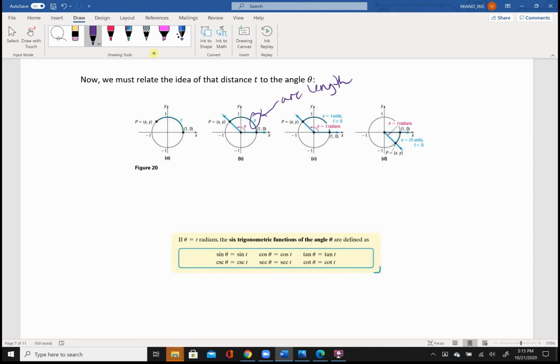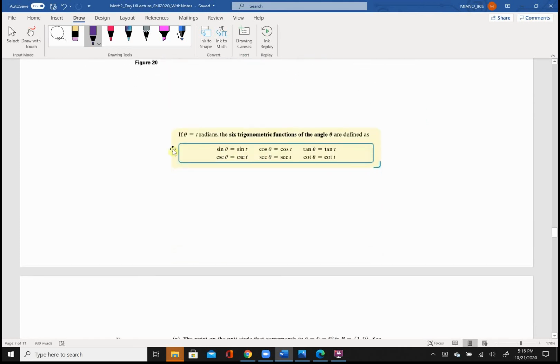Hopefully that all makes sense, and we're just going to recognize that t is equivalent to theta. Theta is going to be t radians in measure. And again, remember, if you have a downward swing, like that distance is the result of a downward swing, then that just means that your theta is negative.